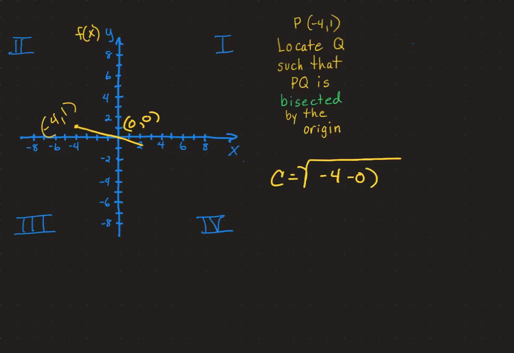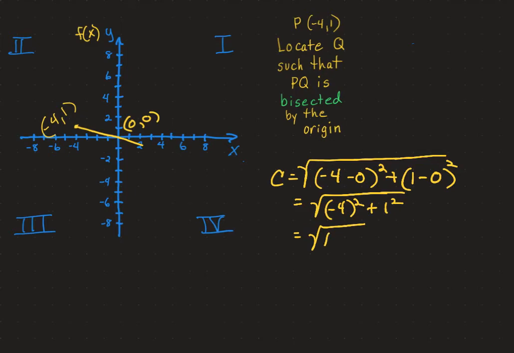So -4 minus 0 squared plus 1 minus 0 squared will give us the distance from point P to the origin. Square root of -4 squared plus 1 squared. Well, -4 squared is just 16, plus 1, or square root of 17.